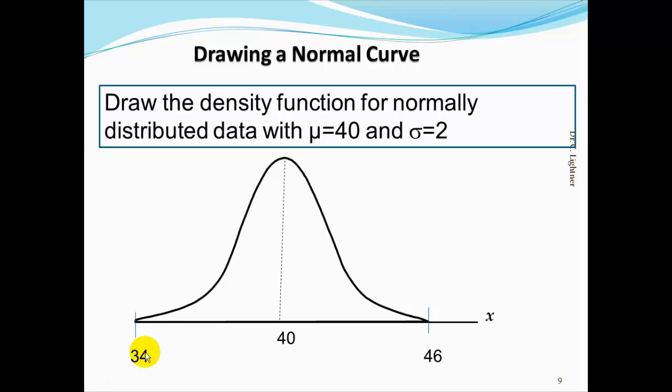We obtain the value 34 as the mean, which is 40, minus 3 times our standard deviation of 2. 3 times 2 is 6. So 6 below the mean gives us the endpoint 34, and the mean plus 3 standard deviations, or 6 above our mean, gives us the higher endpoint value of 46.